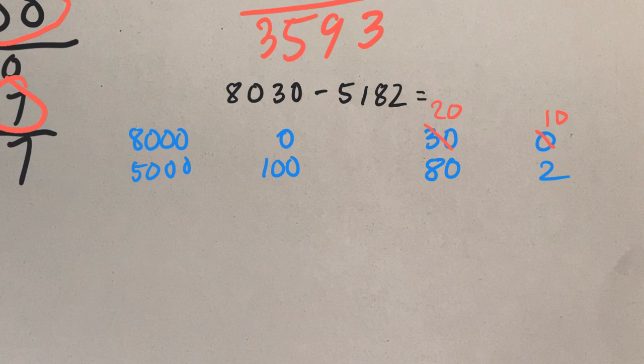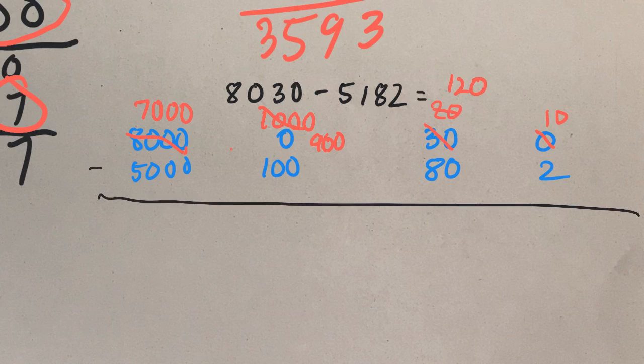So we will take 1,000 away from here. That 1,000 goes here, and then we can take away 100 from there, so that becomes 900, and this becomes 120. And this is a little bit more labor intensive. That means you need to do more work, but it really shows your understanding of subtraction.